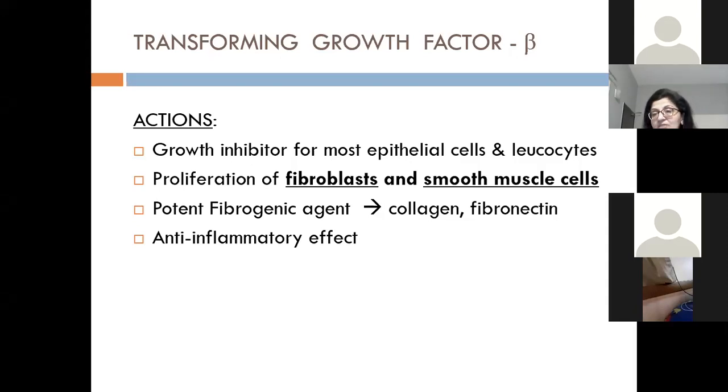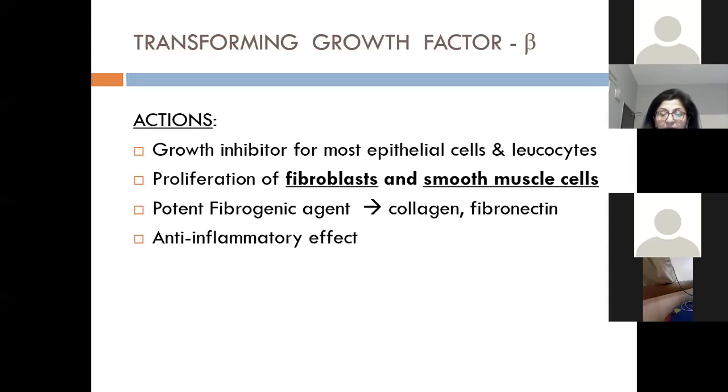That is, it causes fibroblasts to produce collagen and fibronectin, and it also has an anti-inflammatory effect. So it will reduce the inflammation and promote the repair process: proliferation of fibroblasts, laying down of collagen and other fibers of the extracellular matrix. So it is a very potent fibrogenic agent.